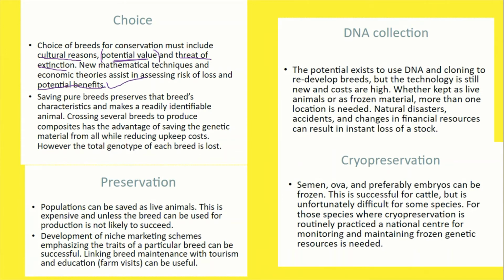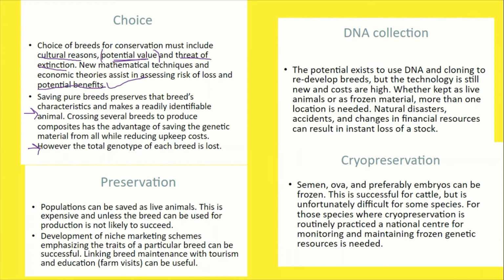Saving pure breeds preserves that breed's characteristics and makes it a readily identifiable animal. Crossing several breeds to produce composites has the advantage of saving genetic material from all while reducing upkeep costs. However, some of the total genotype of each breed may be lost.